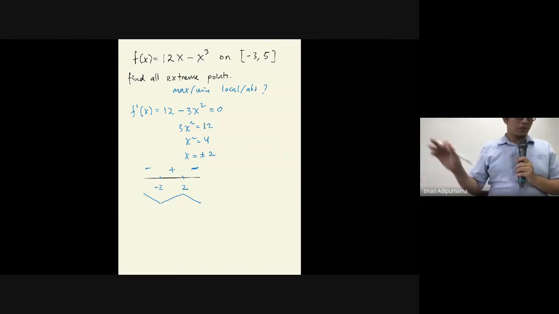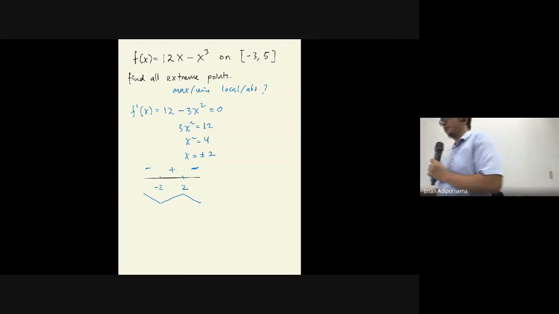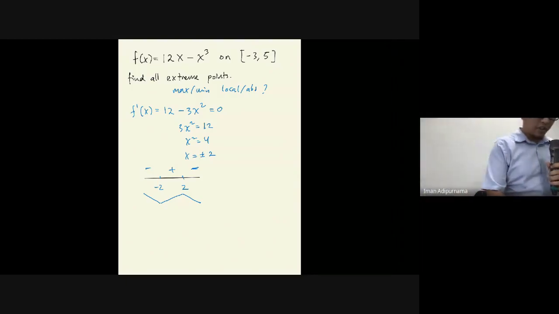But when the question says find all the extreme points, you need to have the points x and y. Which one is the maximum? Which one is the minimum? Maybe you substitute the 2 into the function.